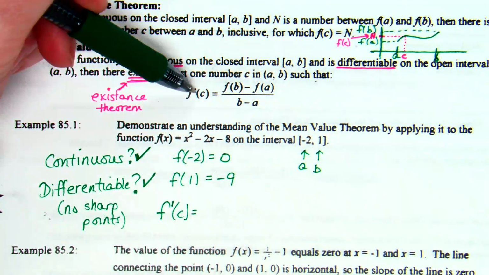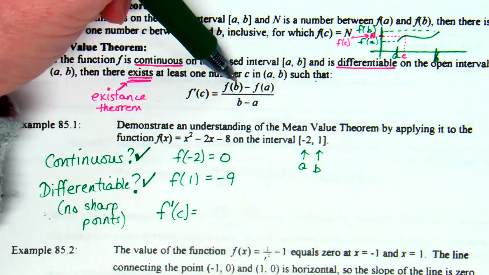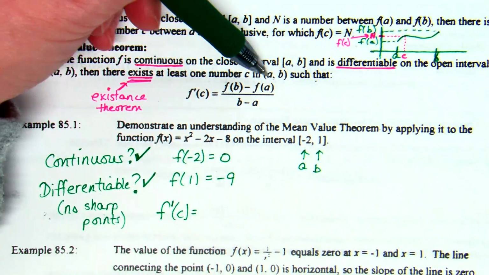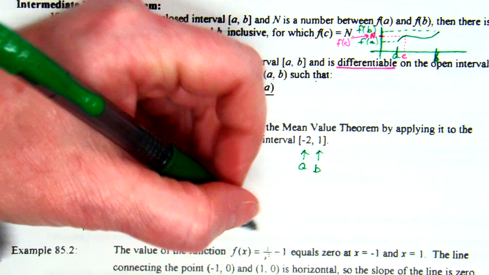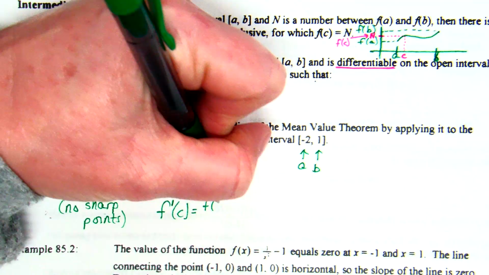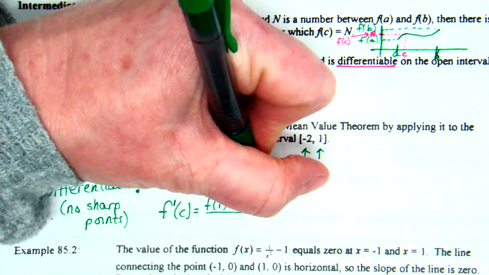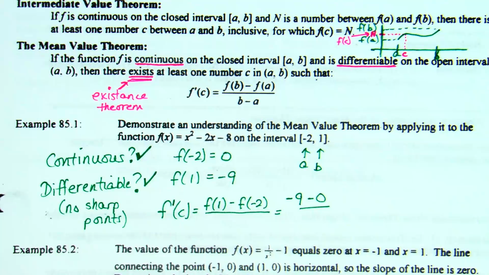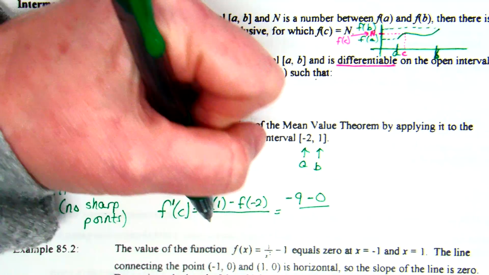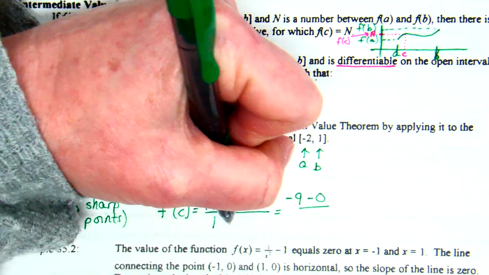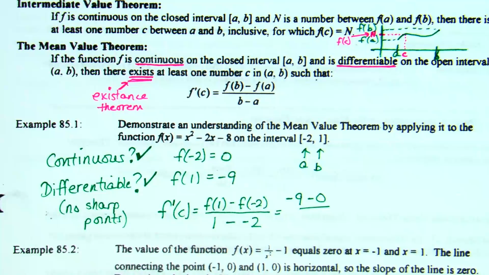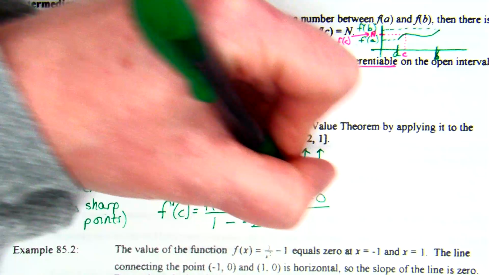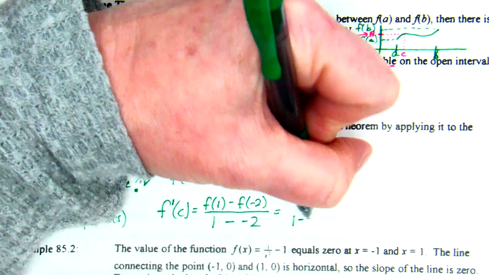How do we find f prime of C? It's f of B minus f of A over B minus A. So I'm going to start off saying f of 1 minus f of -2, which, as Jack said, is going to be -9 minus 0, over 1 minus -2, but we know 1 minus -2 is going to be 1 plus 2.